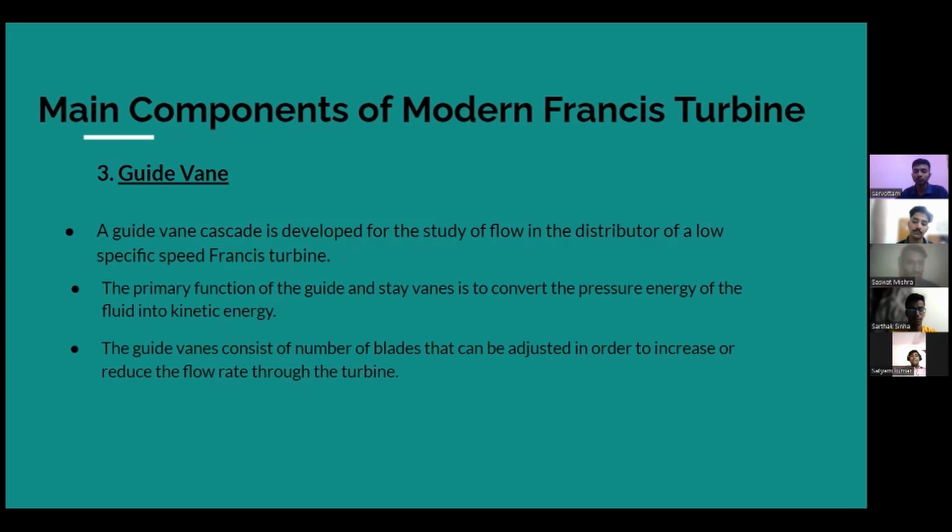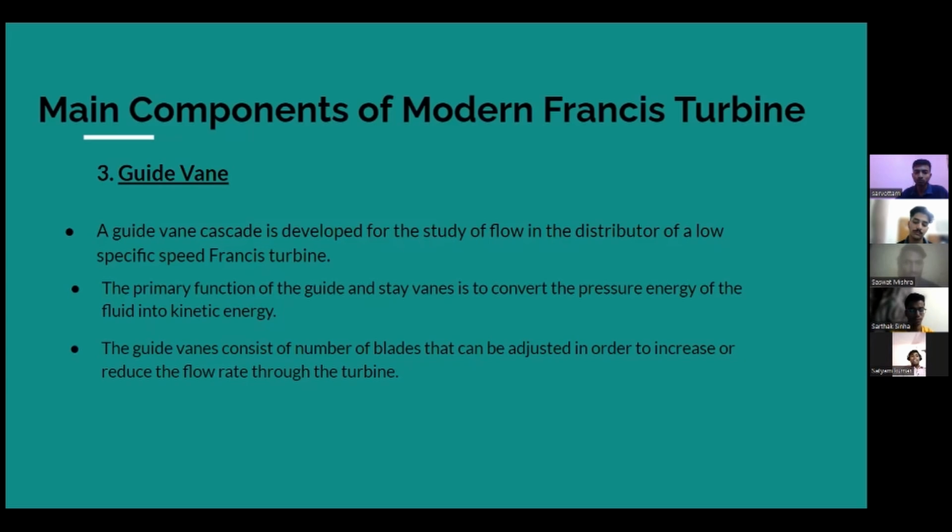Guide vanes are fixed grooves found in the turbine that help direct water, gas, or air at maximum efficiency. As an impeller increases or decreases the flow distribution through a system, guide vanes ensure that the substance is passed evenly and as smoothly as possible.